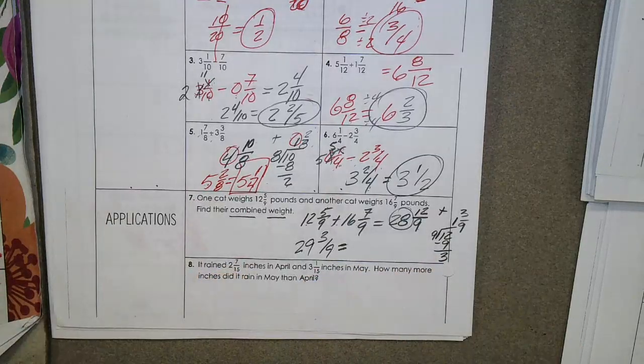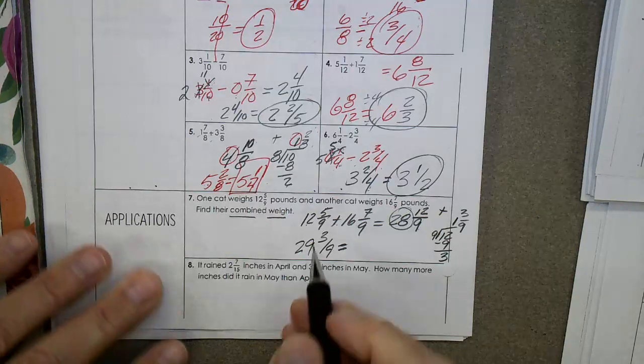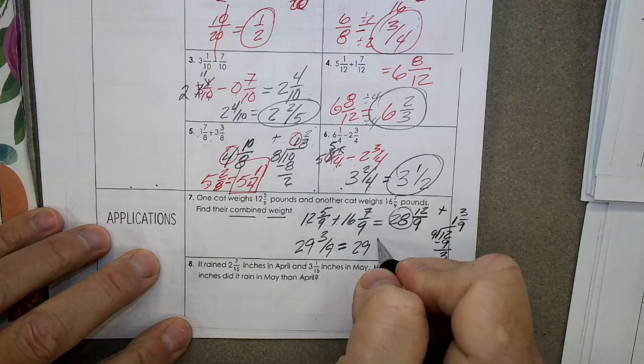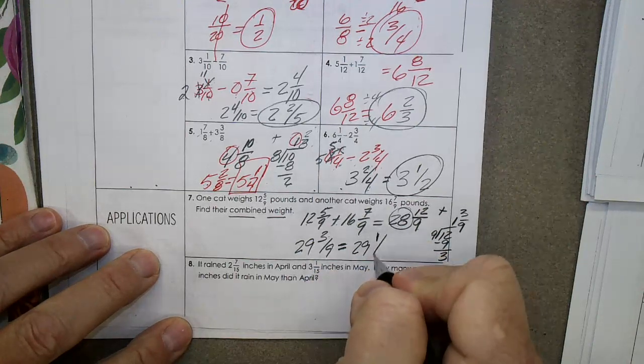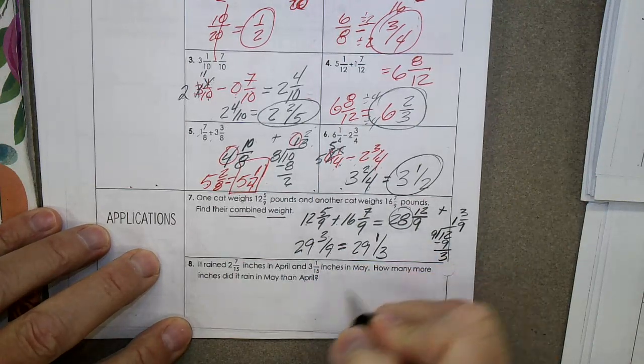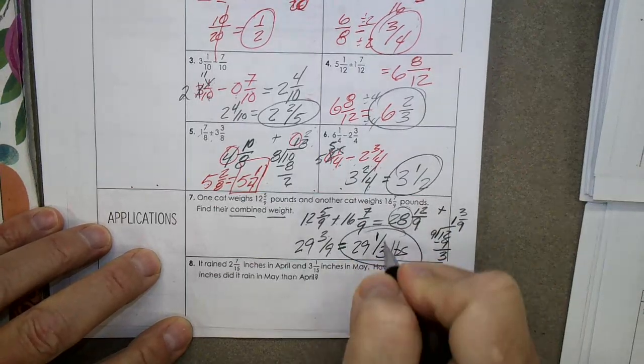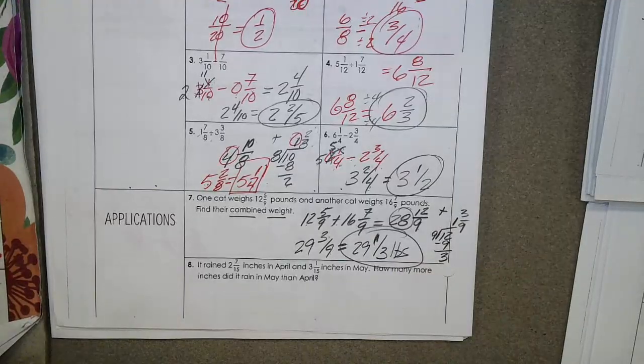But guess what? It needs to be simplified, right? 3/9, these are both divisible by 3. So 3 divided by 3 is 1. 9 divided by 3 is 3. And we're going to label that as pounds. So both cats together weigh 29 1/3 pounds.